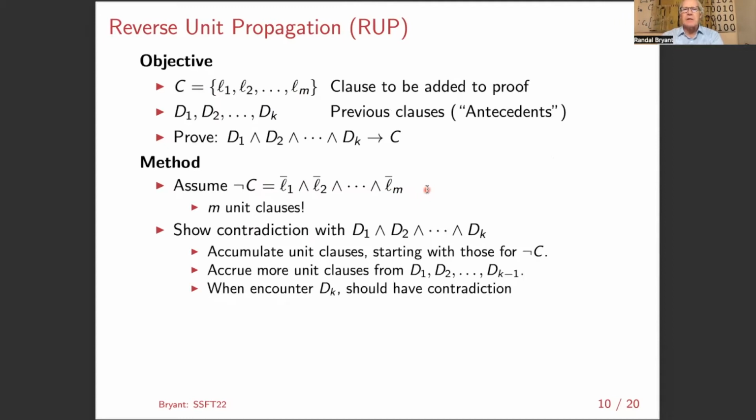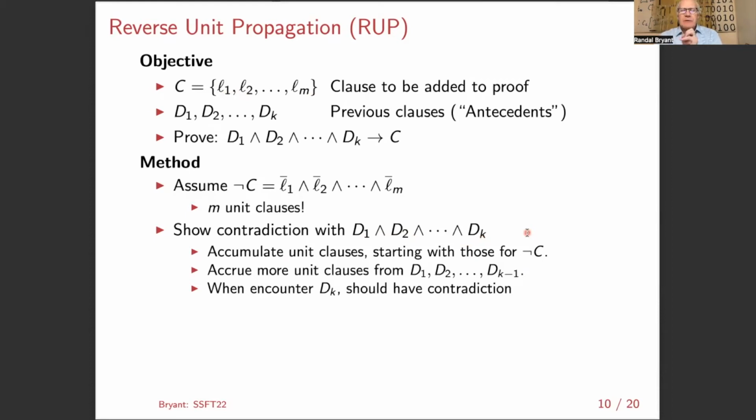It's a conjunction, each of which is just a single unit clause, formed by complementing each of the literals in the original clause. Then we want to show there's a contradiction of that with these so-called antecedent clauses, the ones that are providing the supporting foundation for the proof of this step.